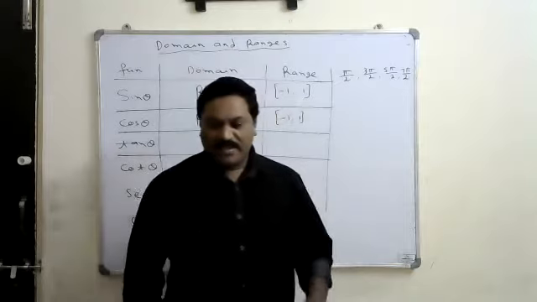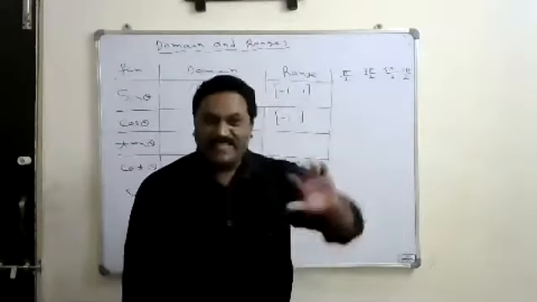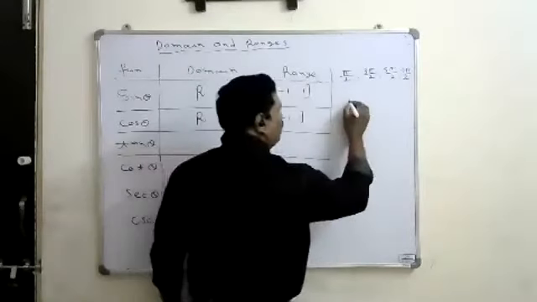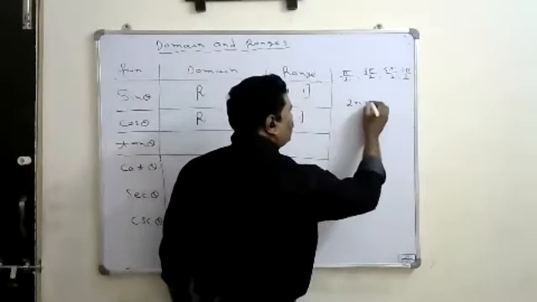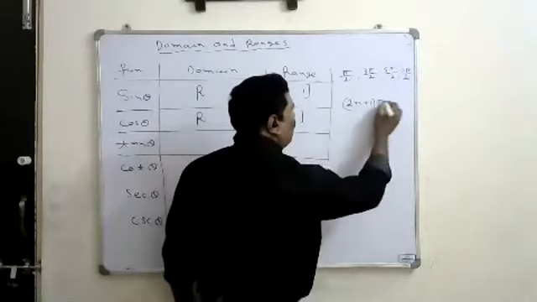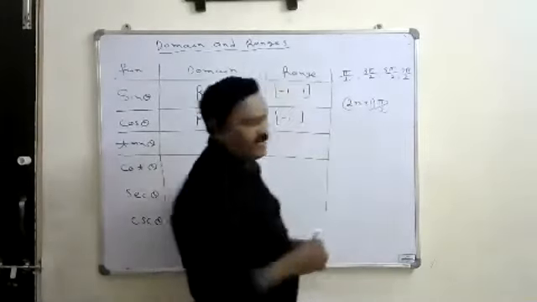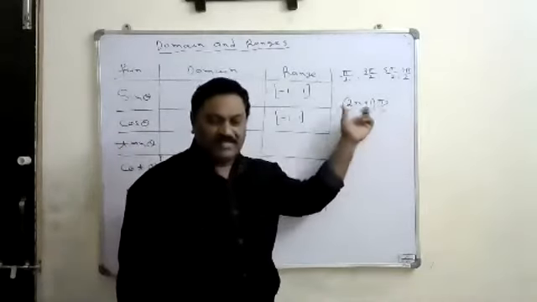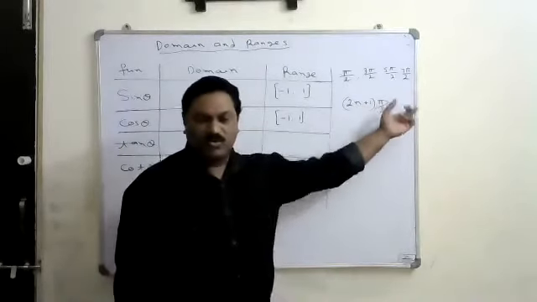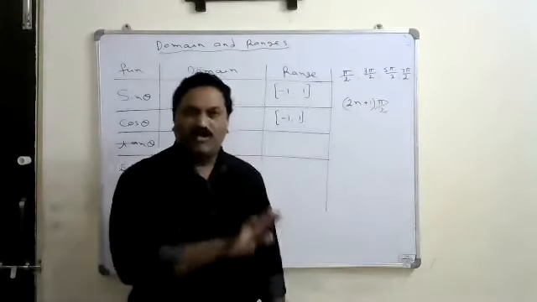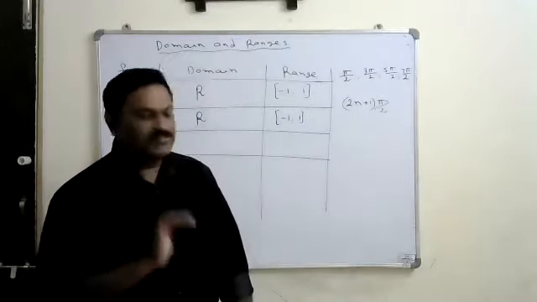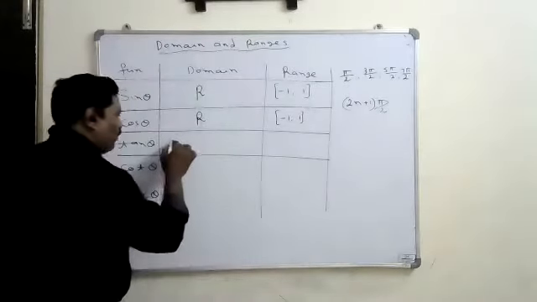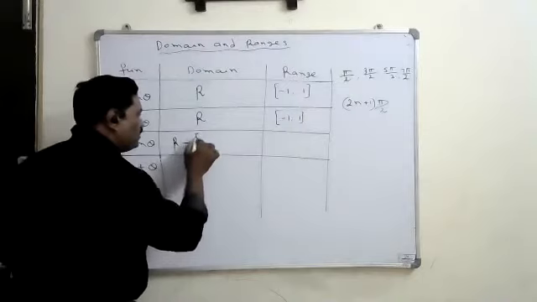In an odd number series, what is the nth odd number? 2n plus 1 or 2n minus 1. Therefore, (2n plus 1) into pi by 2 represents all the odd multiples of pi by 2. So these angles we should not take. Other than these values, we can take any other values. From the real numbers, I will subtract these values.